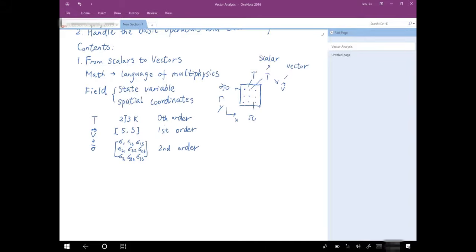So for the operations, what do we want to know how to deal with? We have two types. First, we have basic operations.